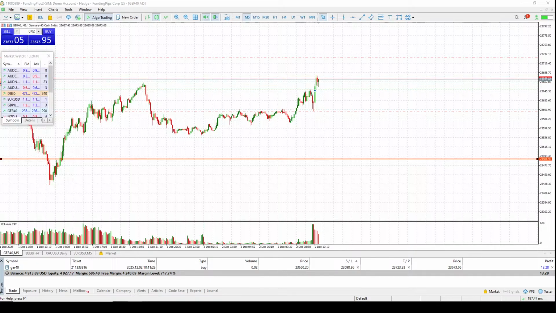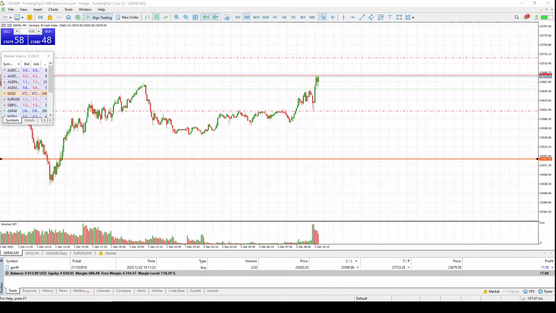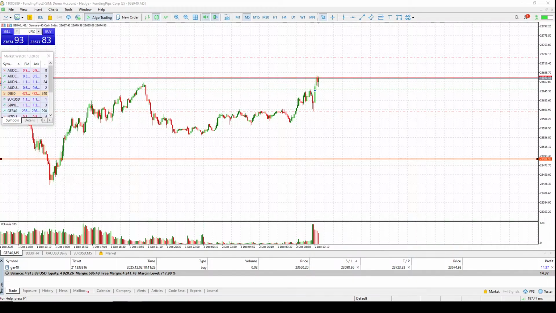Let me check my internet speed to see if this is really going well. It's getting slower. Before I started the live, it was around 300 megabytes per second. Now it's going back to 70, 80 megabytes per second. I think it's getting a little bit lower.